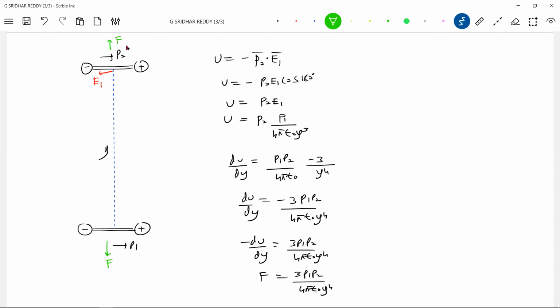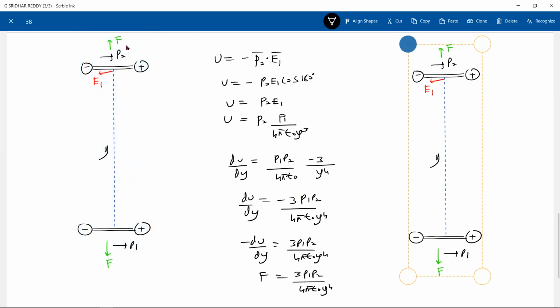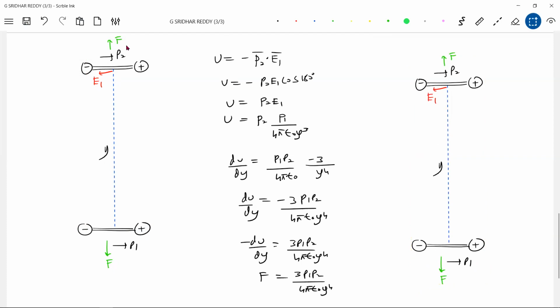So similarly, if the dipoles are aligned the other way, what about the force? The force will now be attractive in nature.